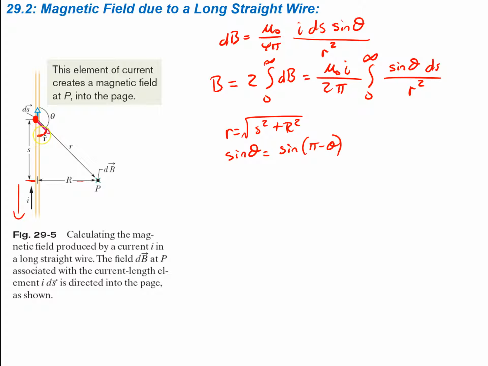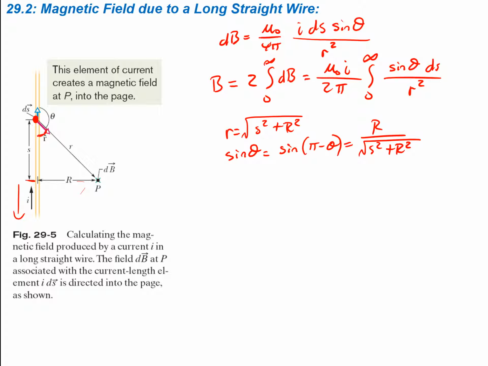So that is going to equal the theta of this triangle. And since we know that sine is opposite over hypotenuse, we can say that it's going to be equal to r divided by our hypotenuse, which we just found here, the square root of s squared plus r squared.